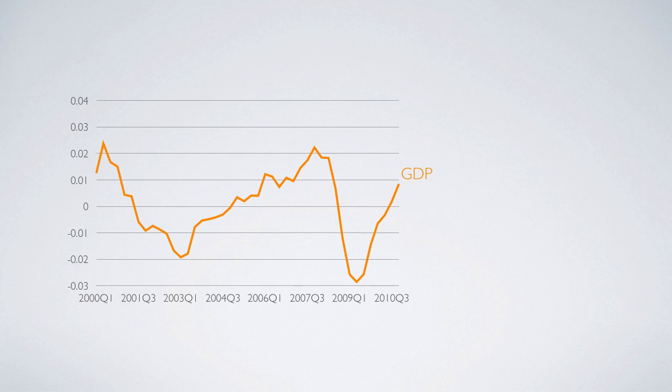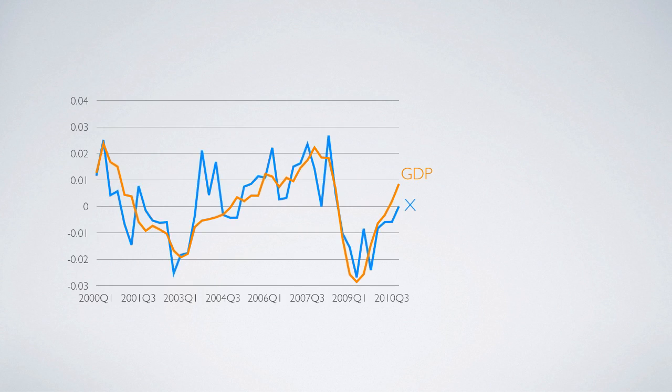So now, once we extract the cyclical component of GDP, we usually apply the same method to all other macro variables and extract their cyclical components. Suppose you apply this to variable x and get the blue line as the cyclical component of x.